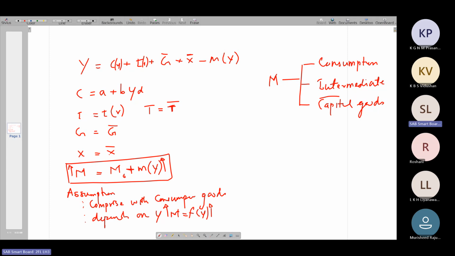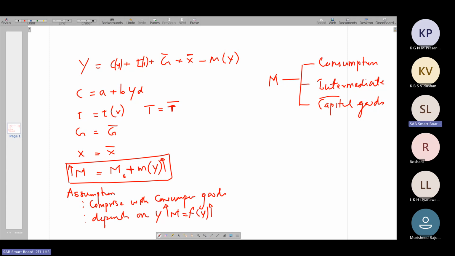When imports increase, it discourages our total function, but in the individual function, we take consumption goods imports, and when income increases, people move to luxury goods and other stuff, so imports also increase.